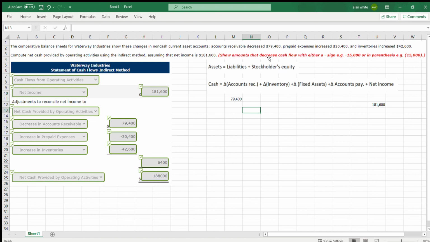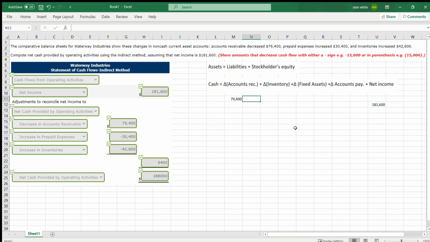Okay, let's see. The next value that it gives us is prepaid expenses. It's an increase of 30,400. And I didn't write it here in the equation, but prepaid expenses is normally an asset. So when we rearrange the equation, an asset would become a normal credit balance here.